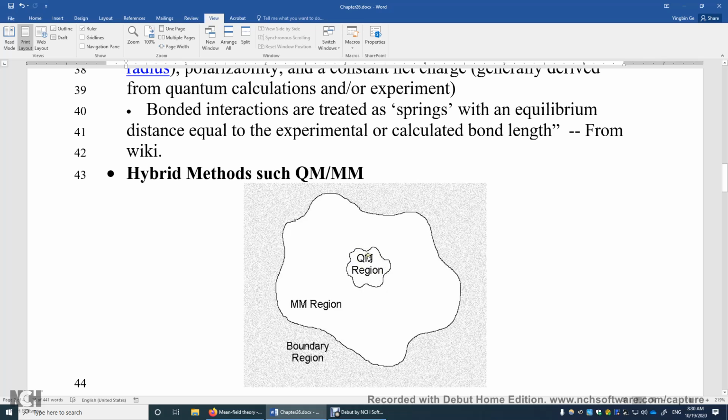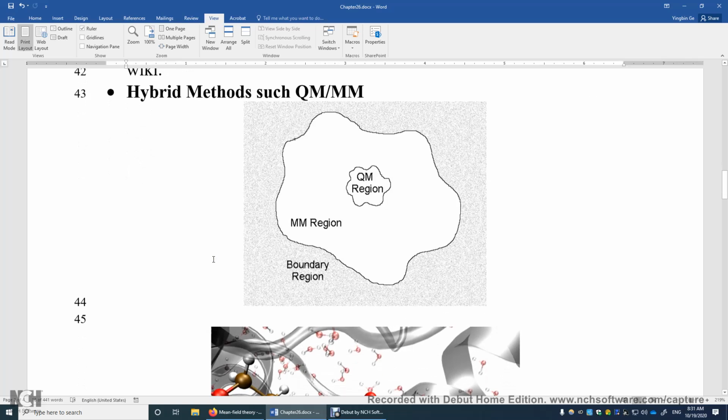We use wave functions to describe electrons. But then there's a supporting region, and we use molecular mechanics to describe the supporting region, the less important region. Right? So maybe this region contains 100 atoms, and the molecular mechanics region contains 1 million atoms. This way we can balance the accuracy and efficiency.